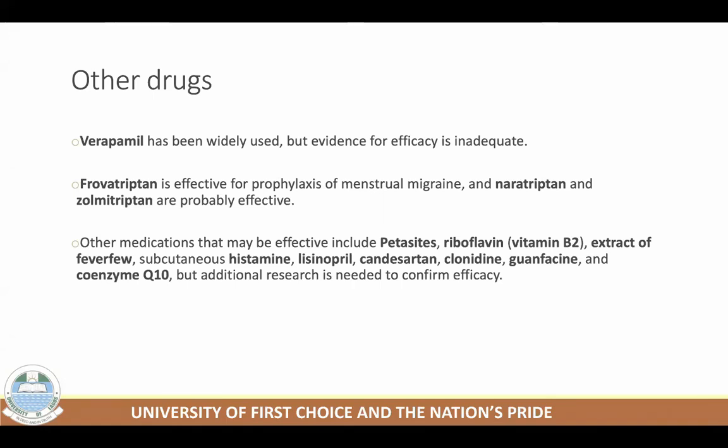Other medications that can also be used include petasites, riboflavin, extract of feverfew, subcutaneous histamine, lisinopril, candesartan, clonidine. These have been tried, but of course, there's need for more research to show that they are effective.